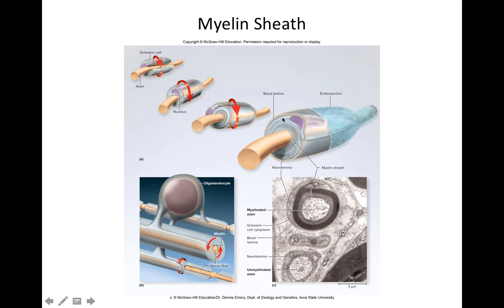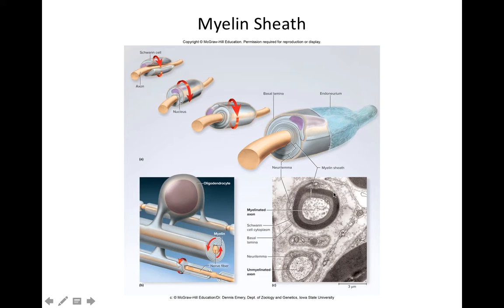So you've got the neurolemma, the basal lamina, and then here's your endoneurium, which is the connective tissue component that surrounds each and every neuron. So if we look at this in cross-section here, here's our axon, and then all of this is the myelin sheath. It goes around and around and around. And then here's that layer on the outside called the neurolemma.